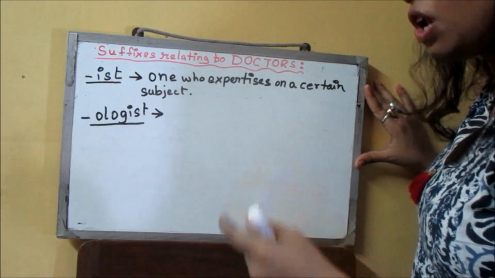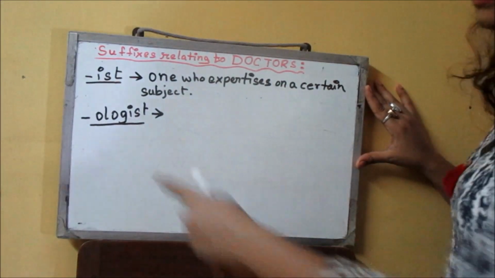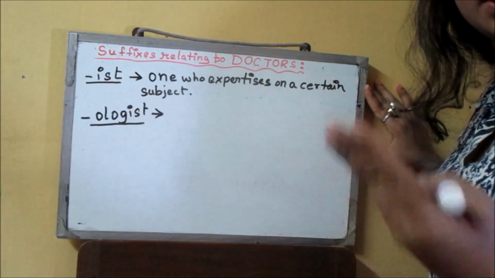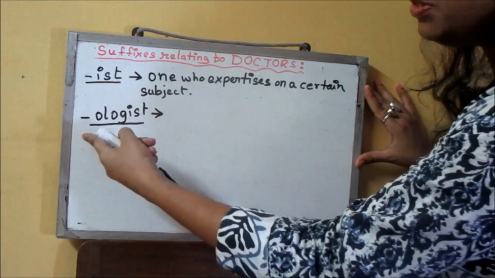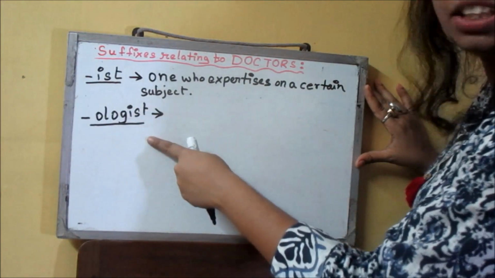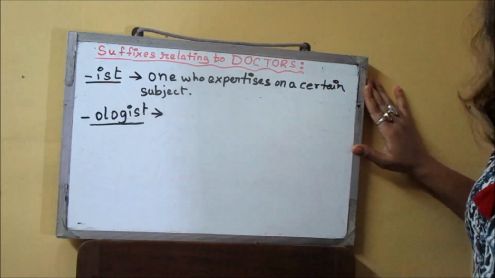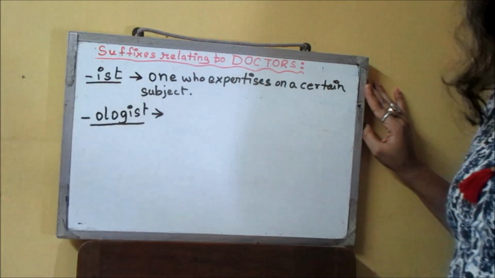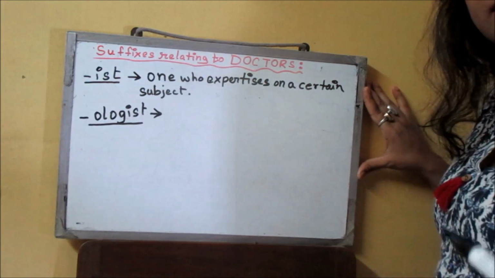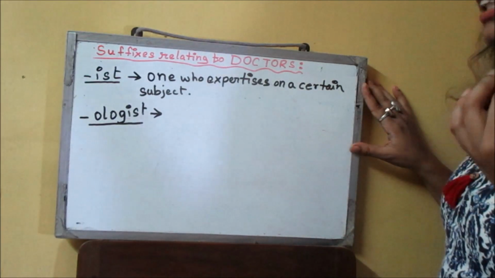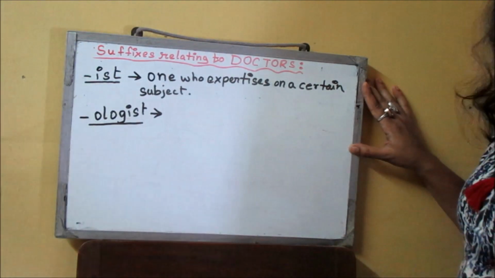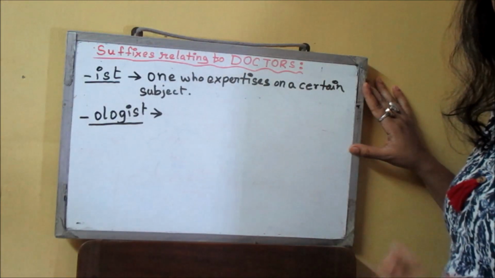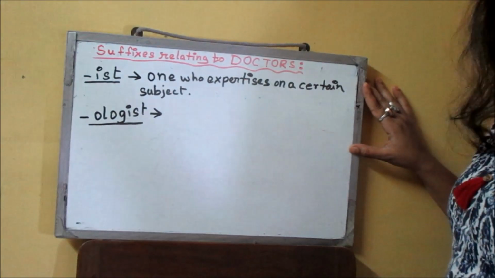Ology is a branch of knowledge and IST is one who is an expert in a subject. So they come together to form ologist. So ologist is a person who is an expert in a certain field of knowledge, like zoologist, geologist, etc.